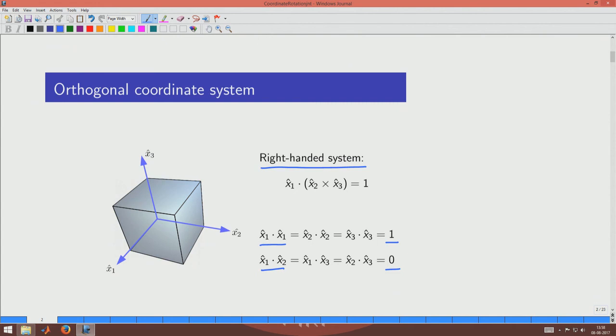If we get minus 1, then it would be a left handed system, and the value we get for the triple product of x1, x2, x3 tells us whether the unit cell has been normalized, with the three unit vectors being of magnitude 1 or not. So, we can choose these to be different in any other coordinate system, but in the Cartesian coordinate system, particularly the orthonormal xyz axis that we are very familiar with, we are going to use the way we have defined here, with the three unit vectors normal to each other.